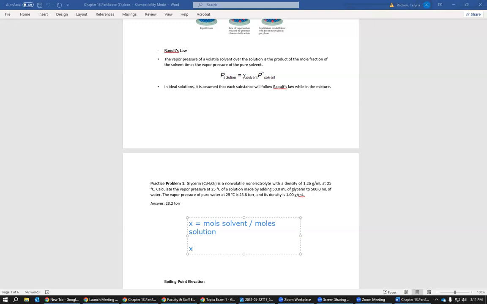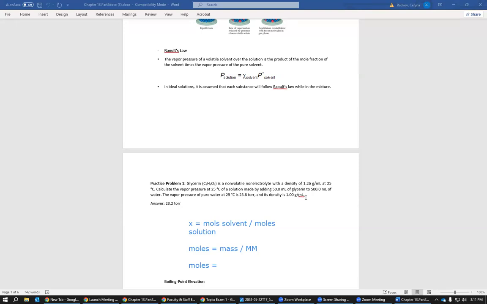Okay, so the moles of the solvent here is moles. To calculate the moles, you need mass divided by molar mass, right? So what's the mass of the solvent here? The solvent is the water. We have 500 milliliters of water right here. But the density of the water is 1 gram per milliliter.